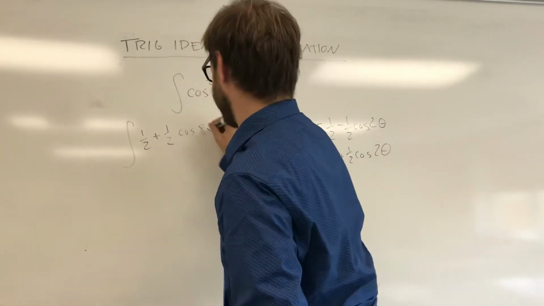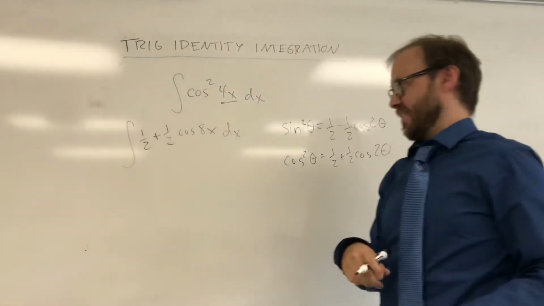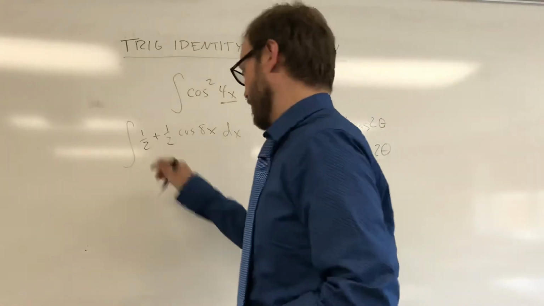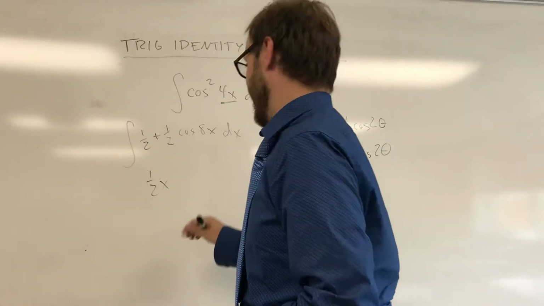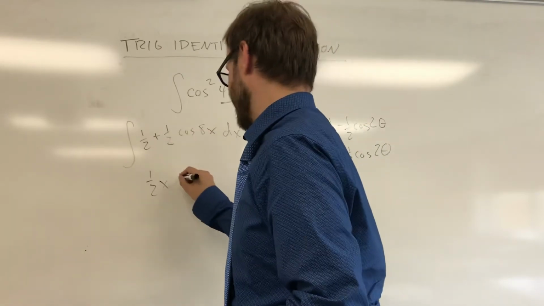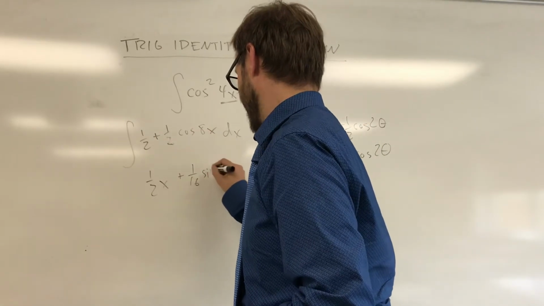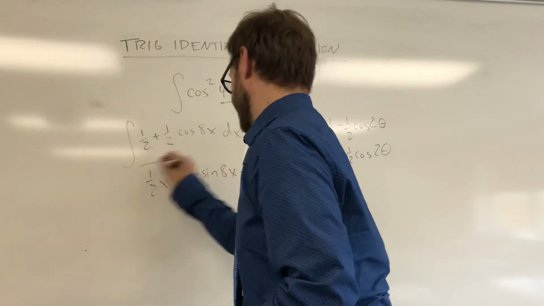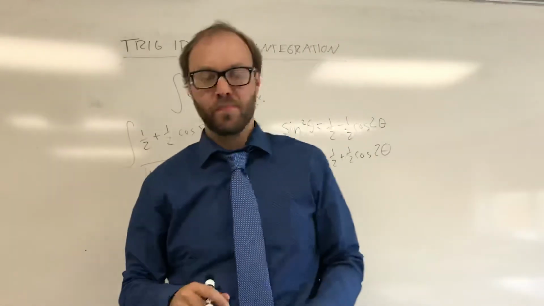So if that's a 4x, it would be a cosine of 8x, and then you're taking the integral. And so, of course, the integral of 1/2 is 1/2 x. The integral of this would be, let's see, we need an 8 here. It would be 1/16 sine of 8x plus c would be our final integral. Okay?